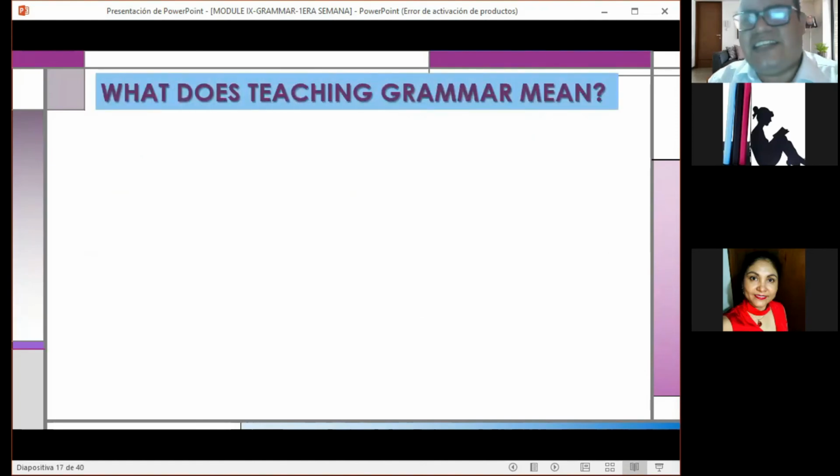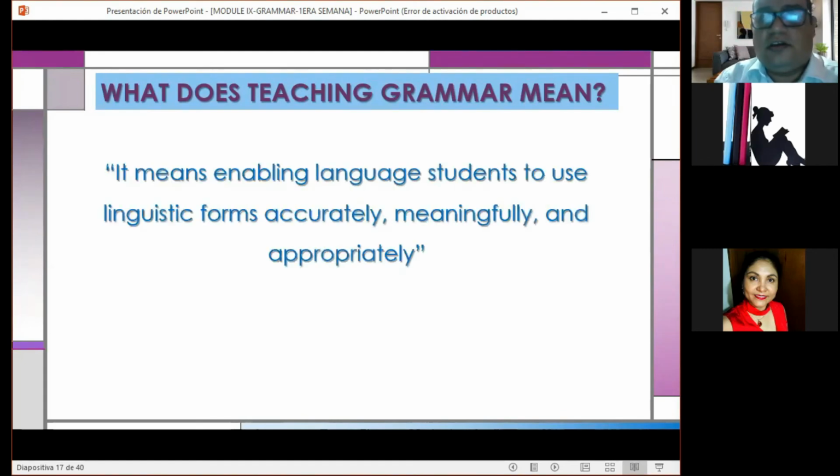Now, what does teaching grammar mean? Let's first talk about teaching. We saw all related to grammar. Now we are going to pass to teaching grammar. What does teaching grammar mean? It means enabling language students to use linguistic forms accurately, meaningfully, and appropriately.